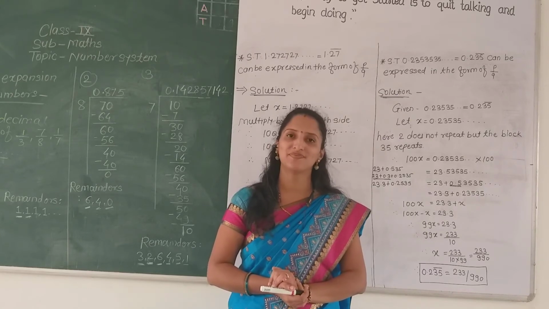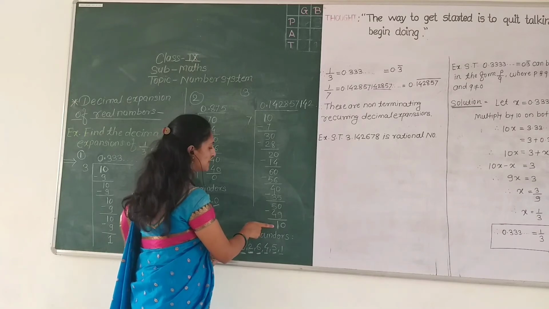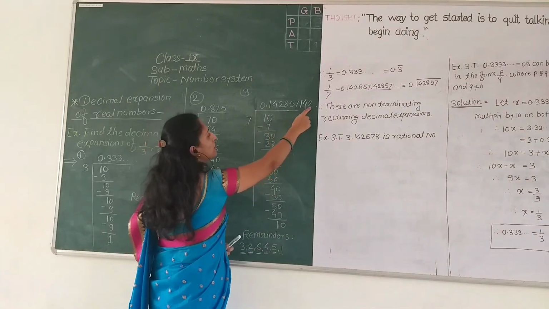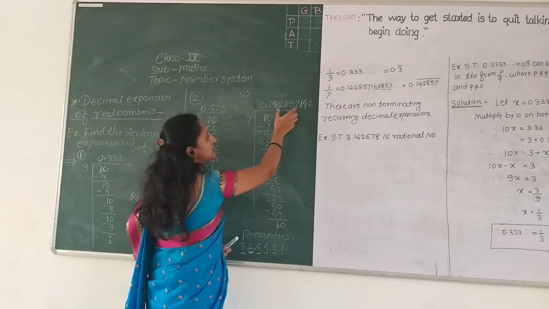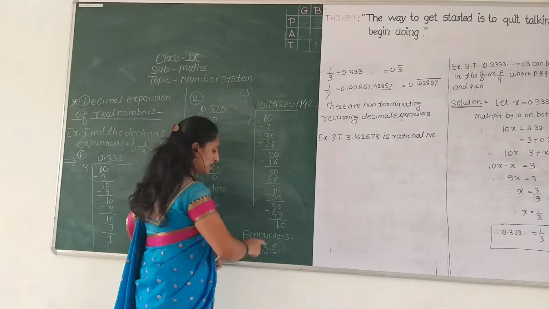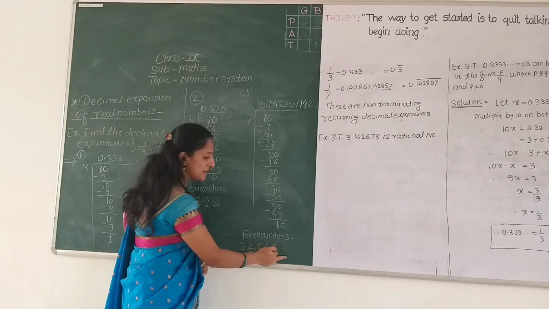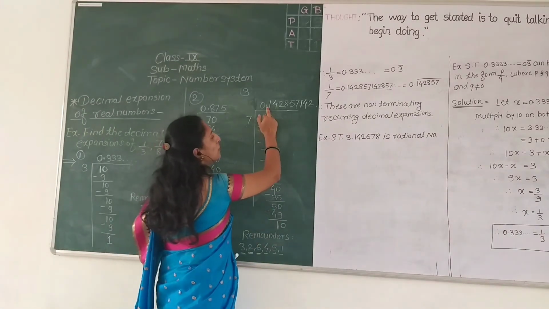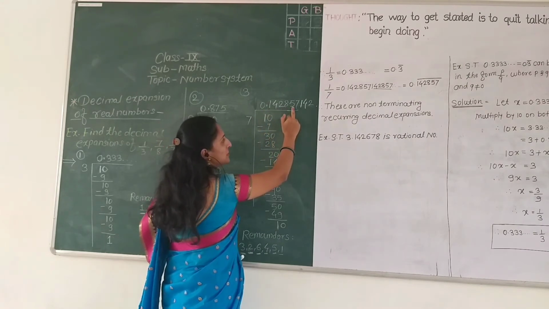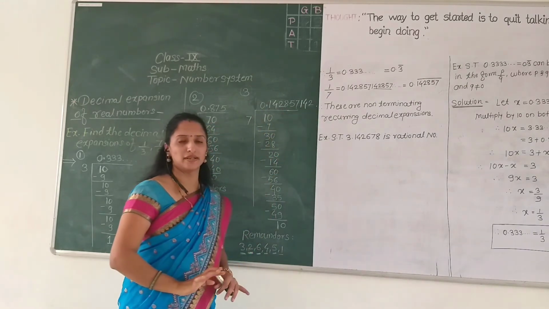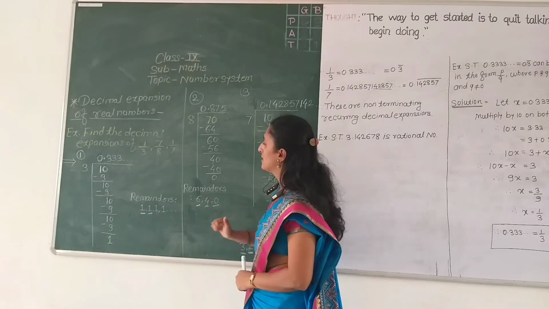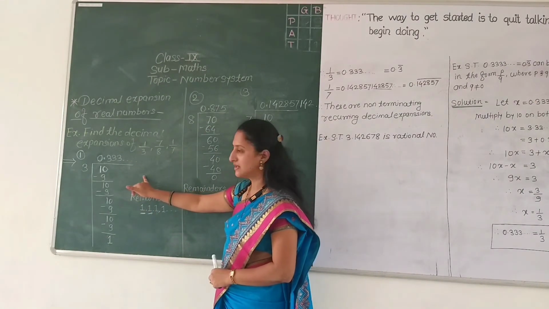If I continue this process of division, then we get the same block of digits in the quotients. That means if remainders repeat, then the block of numbers in the quotient also repeats. Now look at these three examples.